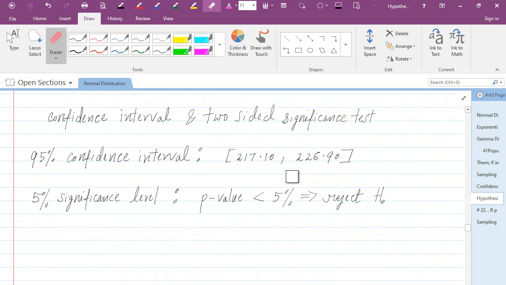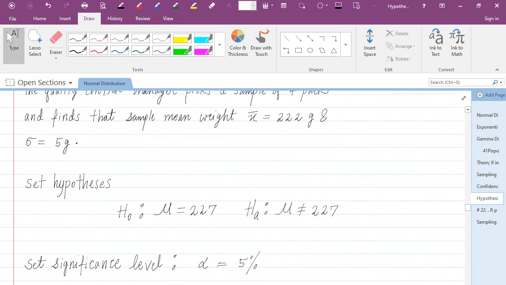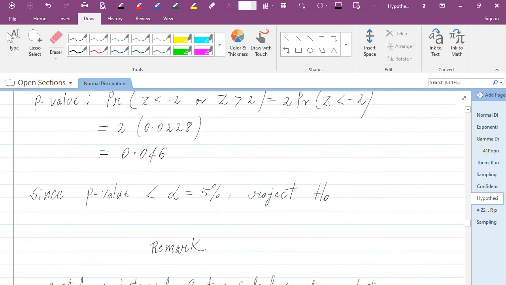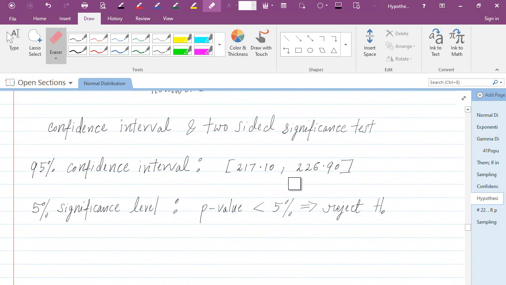And notice that the hypothesized mean value, that is the mean value 227, is not in the 95% confidence interval. So 227, the claimed value of the population mean, doesn't lie in my 95% confidence interval. So that's another way of seeing that the null hypothesis should be rejected.